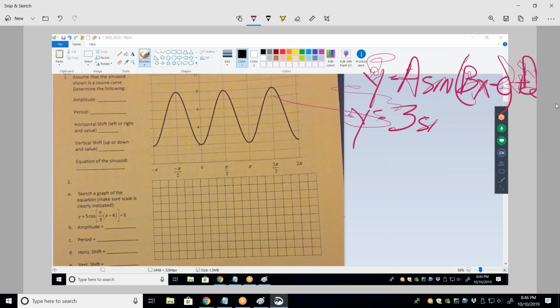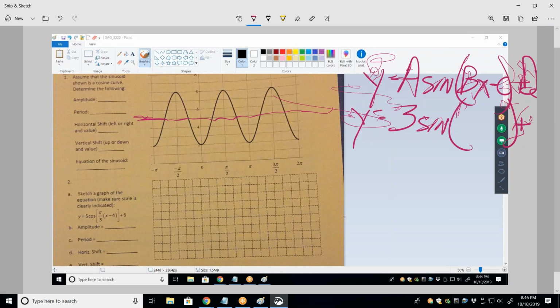And I'm still going to say sinusoid. What's D, the vertical shift? The horizontal line of symmetry, this thing right there, is at 5 instead of 0.